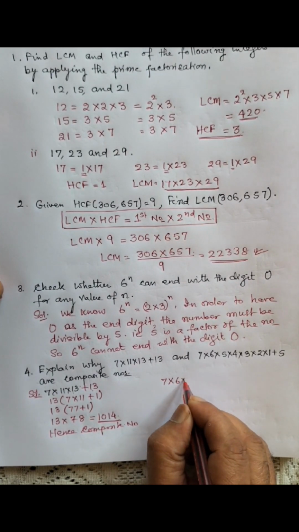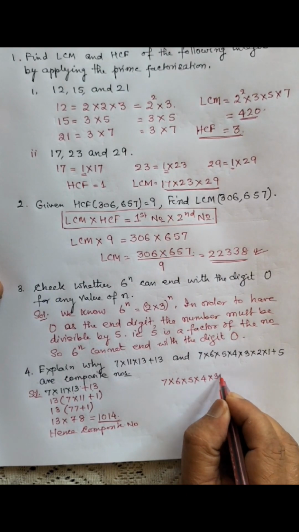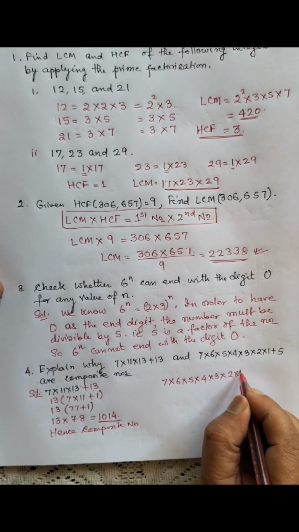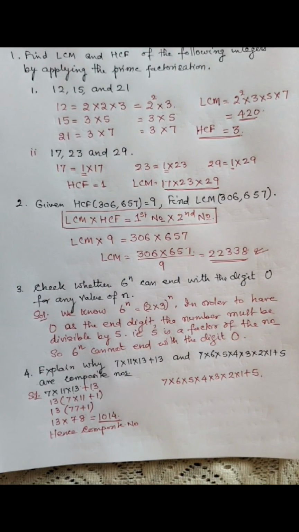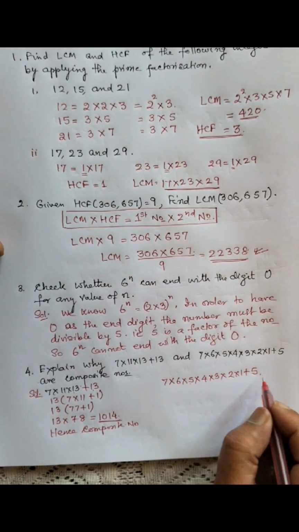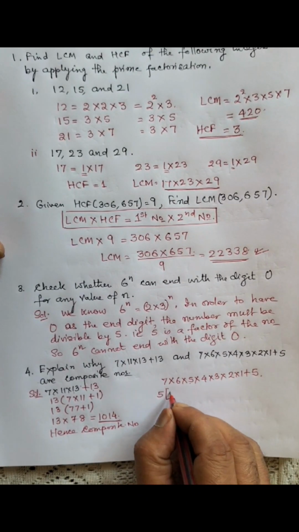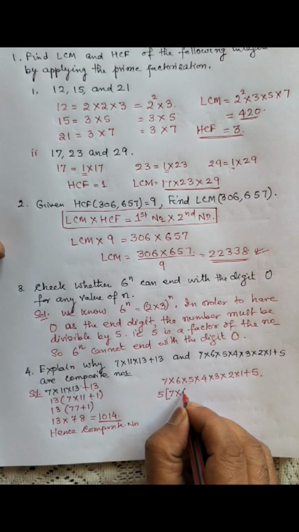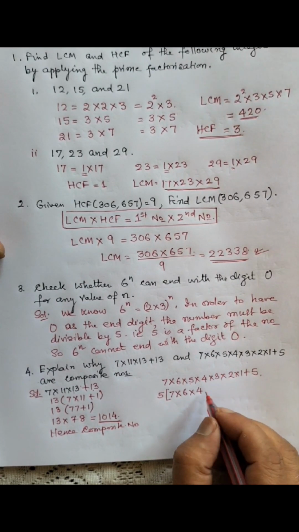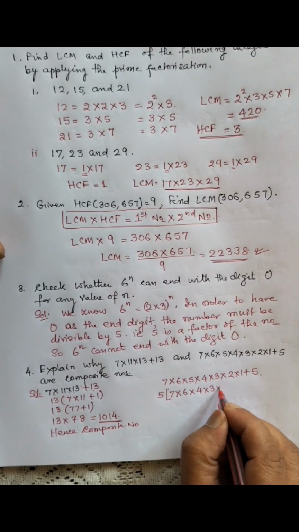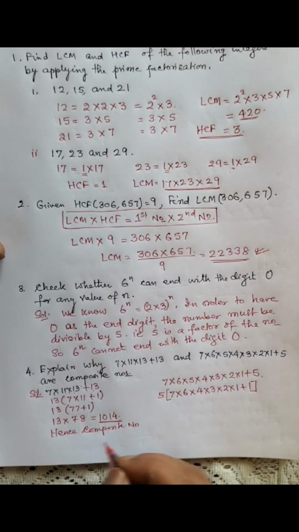Now let us check quickly this one: 7 into 6 into 5 into 4 into 3 into 2 into 1 plus 5. Same way we will take out 5 common. When we take 5 common, we are left with 7 into 6 into 4 into 3, 2, 1 plus 1.